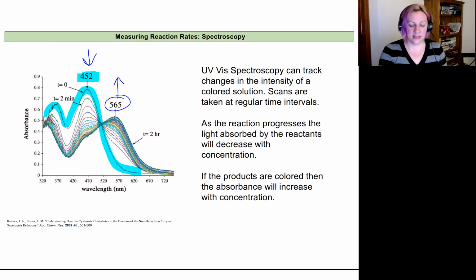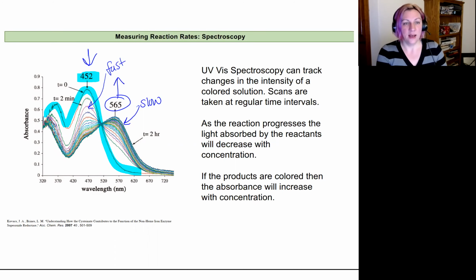And you can see that this rate of change is really fast in the beginning, and it really slows down towards the end of measuring this reaction. And so in this first one, we have a 2-minute time difference between our initial and our first data point. And so if we were measuring that initial rate, we would take that change in concentration and divide it by the 2 minutes.